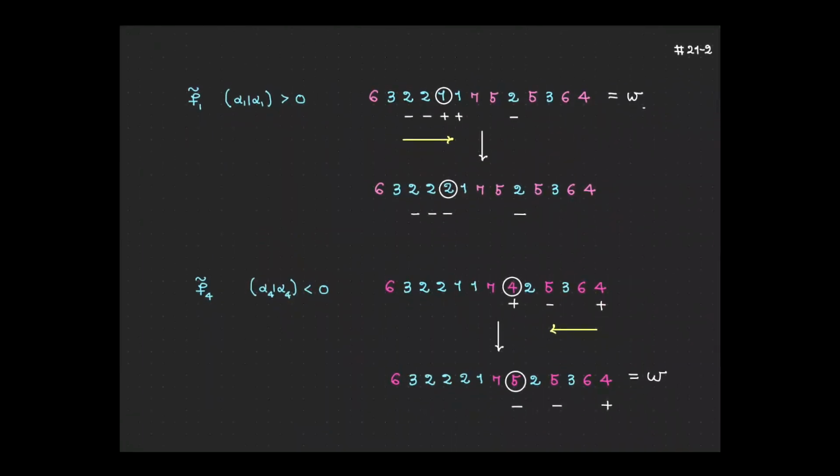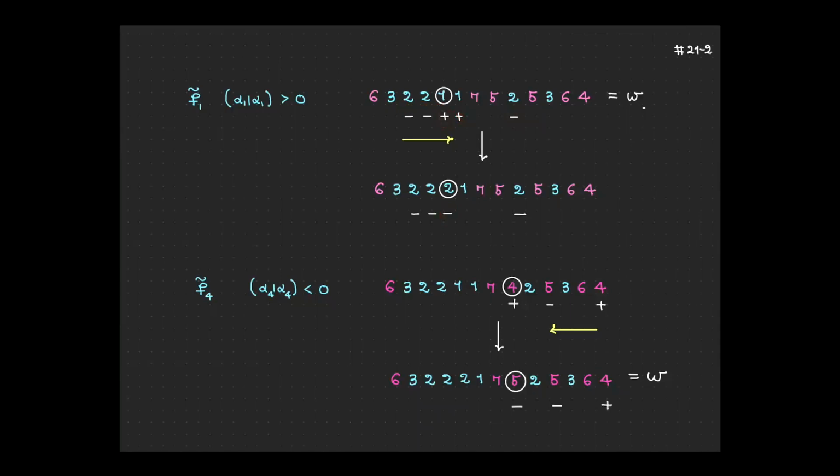If we apply F1 tilde, which has a positive norm, then only the letters 1 and 2 are involved, and we assign plus and minus signs. Then we read the signs from left to right, and we also have some cancellation rules. So here we erase plus-minus pairs. The only sign which has meaning here is the minus, so we change this 2 to 1.